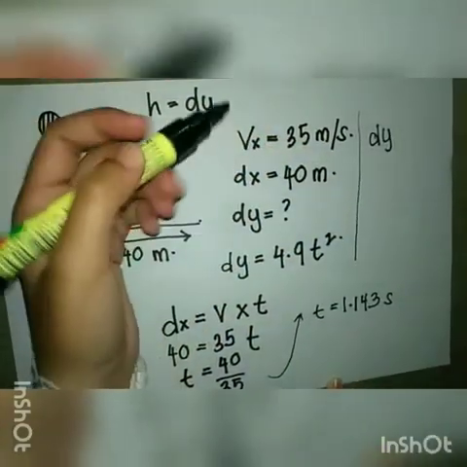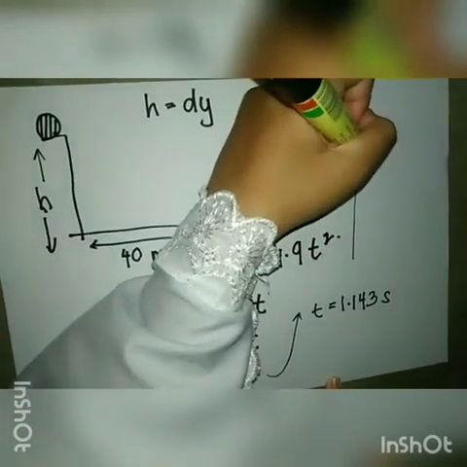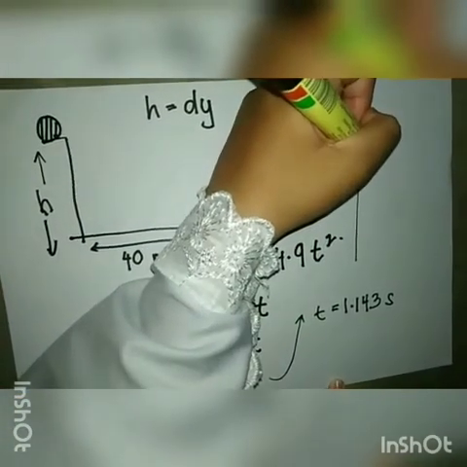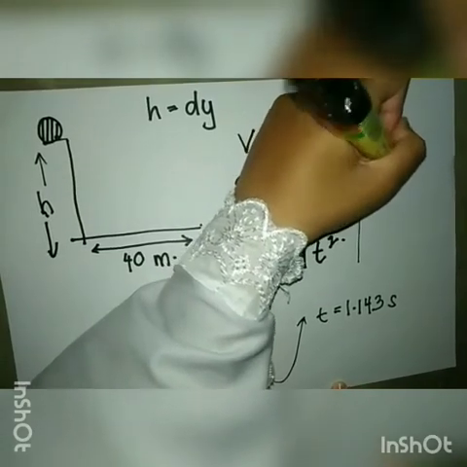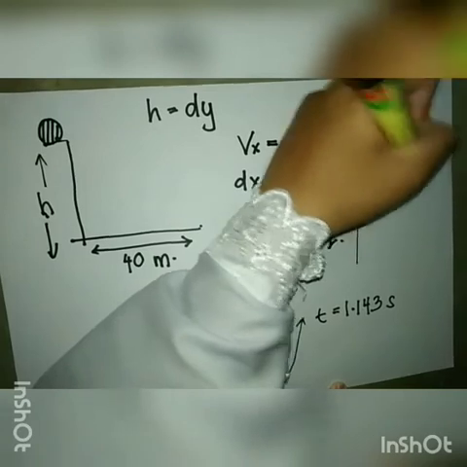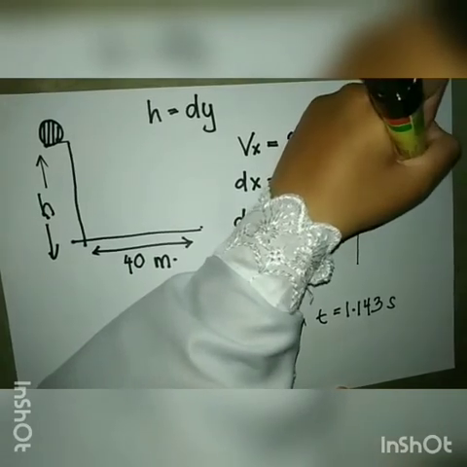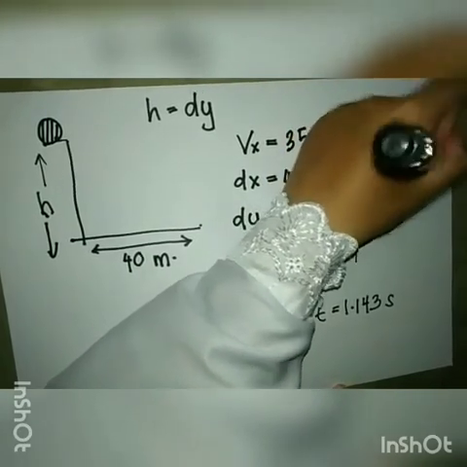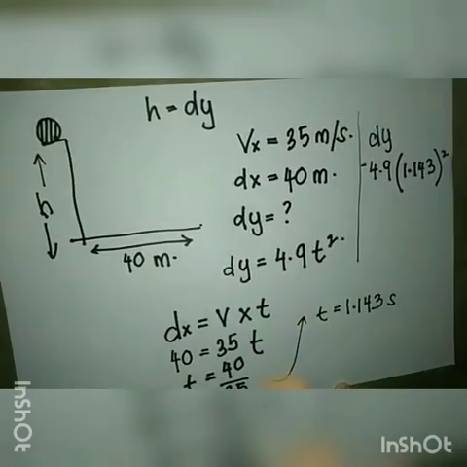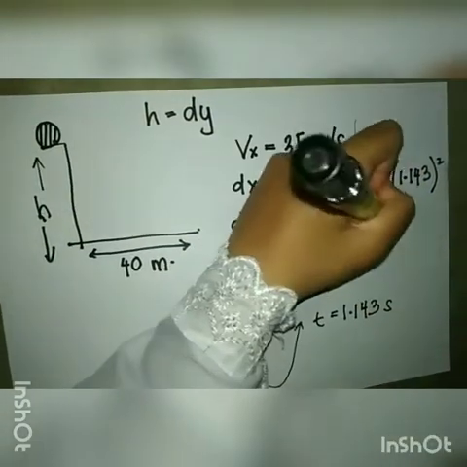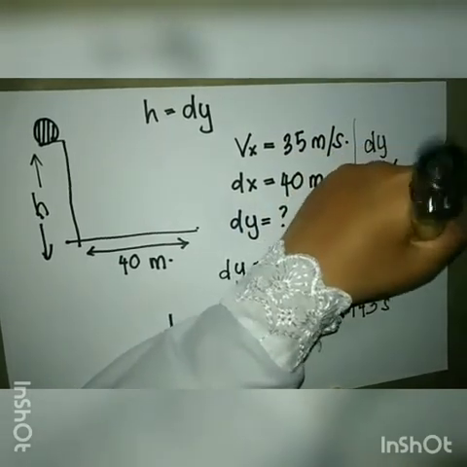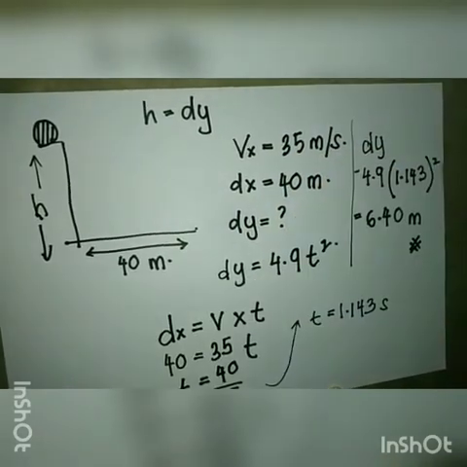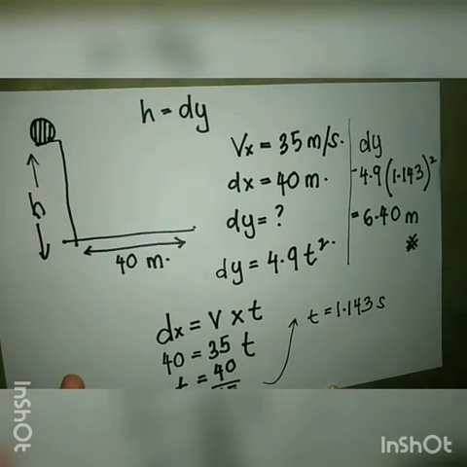Dy is the same as height. So dy equals 4.9 multiplied by the time, 1.143, squared. After we calculate it, we get 6.40 meters. So the height is 6.40 meters.